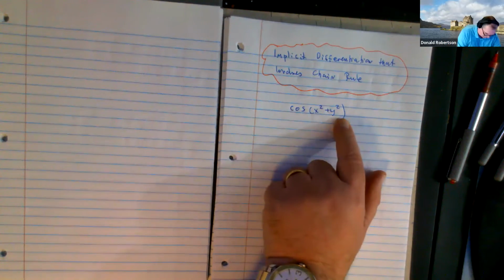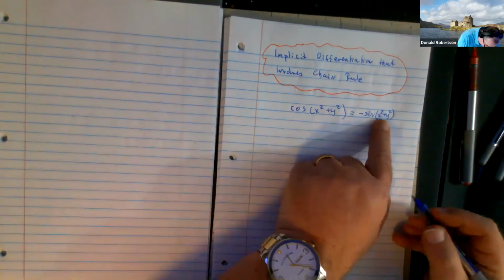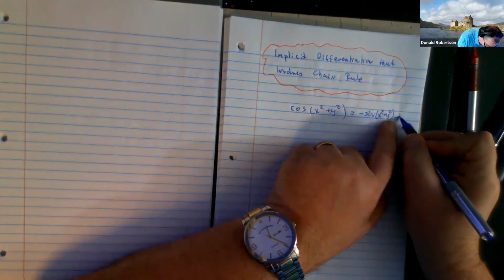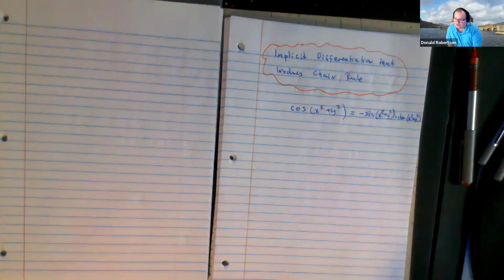Differentiate that. Well, if you take a cosine and you differentiate it, don't you get negative the sine? Now this is the cosine of something, so its derivative is negative the sine of something, times the derivative of that something, right? That's essentially what the chain rule says, isn't it? Put the answer over here.